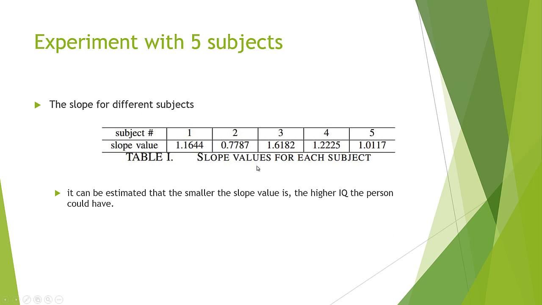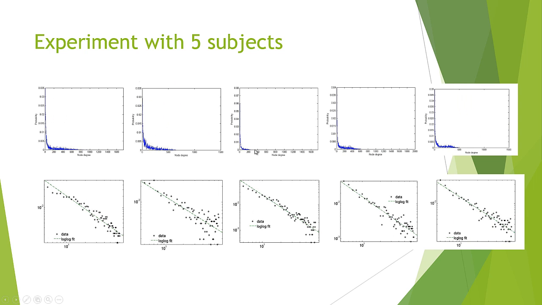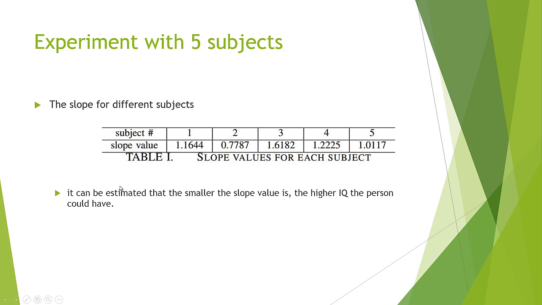It can also be estimated from these figures and the fitting patterns. We can estimate that the smaller the slope value is, generally the higher the IQ the person could have. So this is all we have done in this experiment.